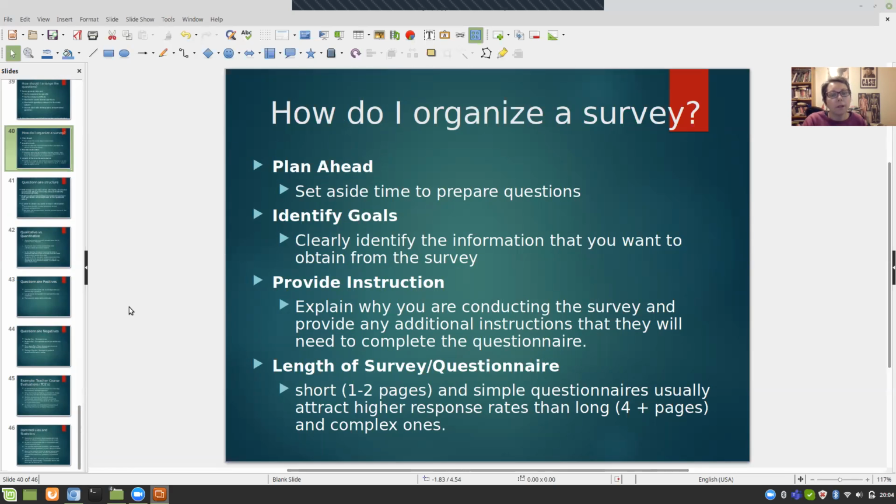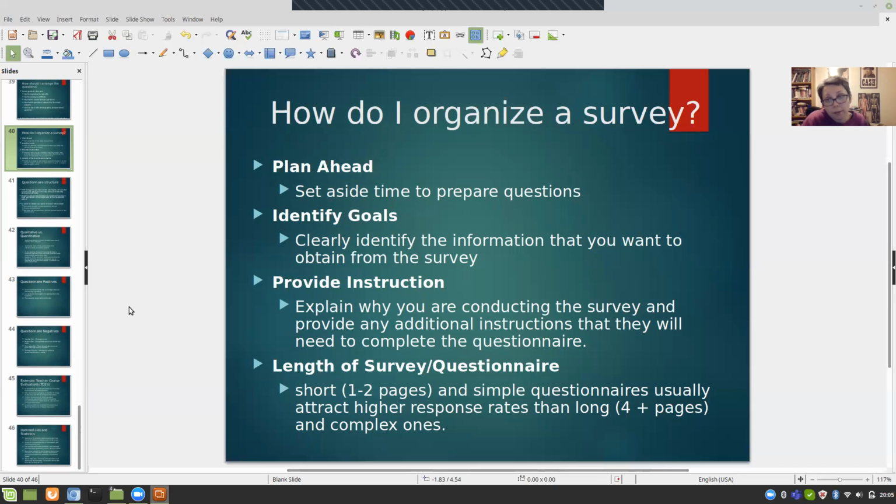And then consider the length of the survey. This is a big one. You may have a lot of things you really want to know about, but people get fatigued, and once you start getting into 4+ page surveys, people are just not going to be interested. And especially with these web-based surveys, usually they will get an indicator of how long the survey is.